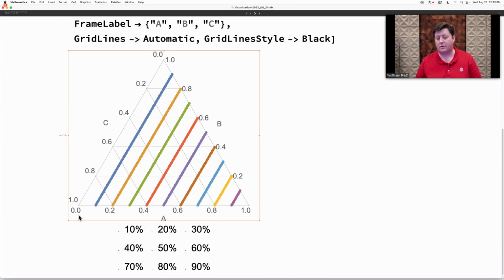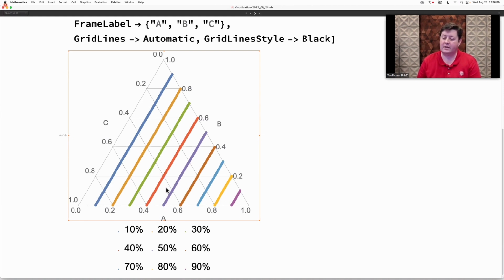And at this end, 30% of the mixture is C and 0 of it is B. And so our A scale goes from 0 to 1, and each of these is going to read off along this direction. These points are covering up the grid lines corresponding to the A axis.